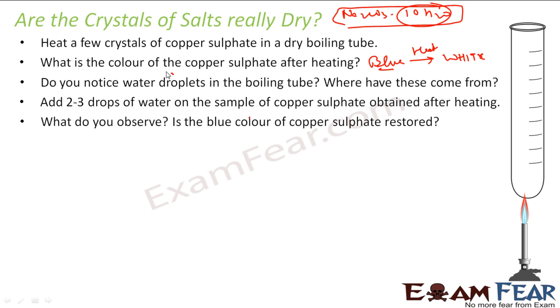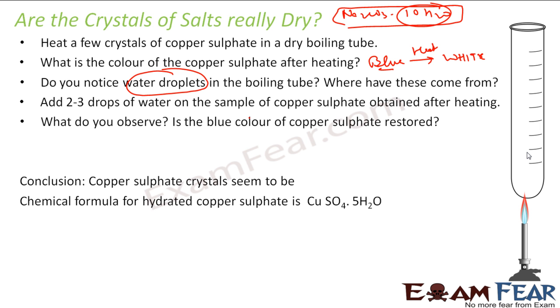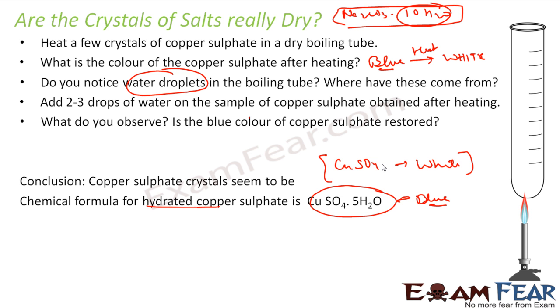That means copper sulfate absorbs some water. That is the formula of hydrated copper sulfate, CuSO4.5H2O, and this is blue. When you heat it, it becomes CuSO4, the H2O part is gone, and this is white. And that's what happened.